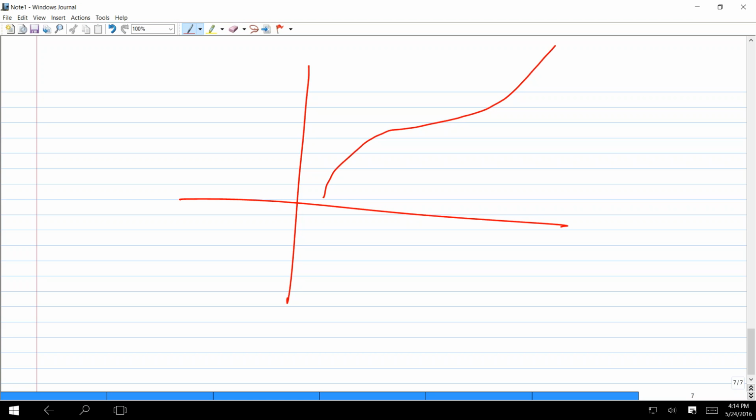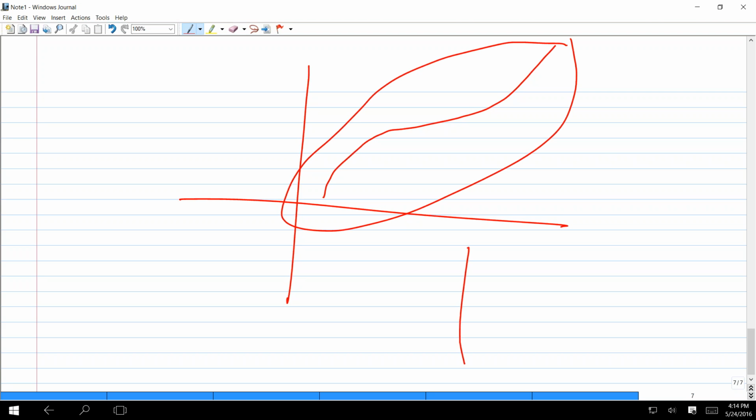The reason it's important is that when you take the inverse of a function, it has to be 1 to 1, or else the inverse doesn't have any meaning. Otherwise, the inverse is not a function. In other words, if this is 1 to 1, I can take the inverse of it.